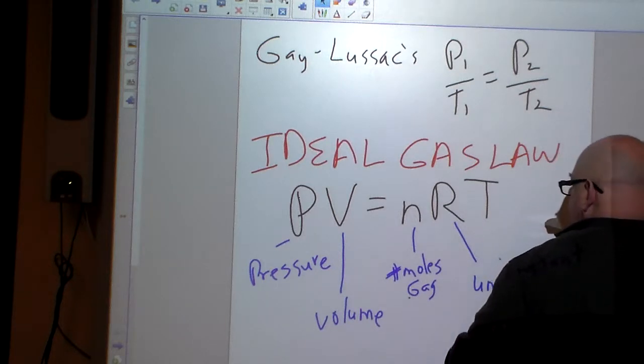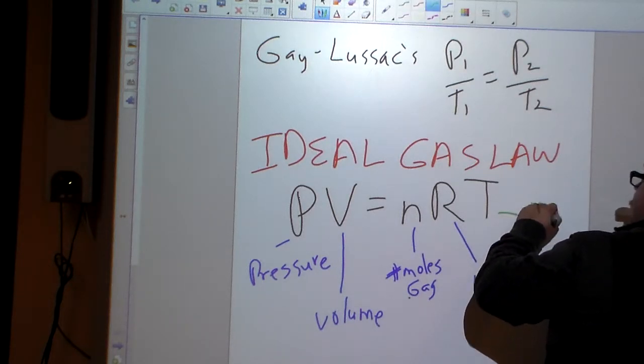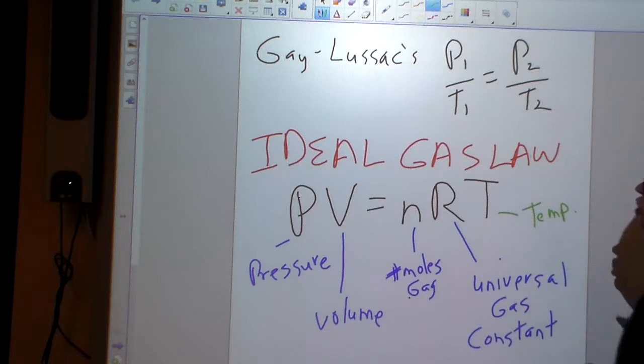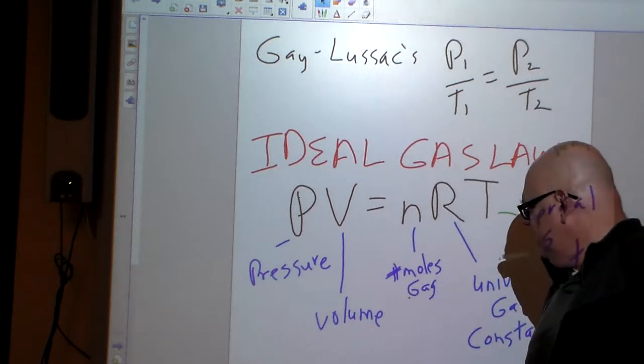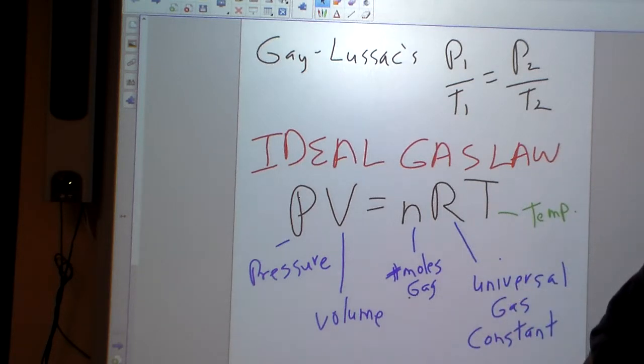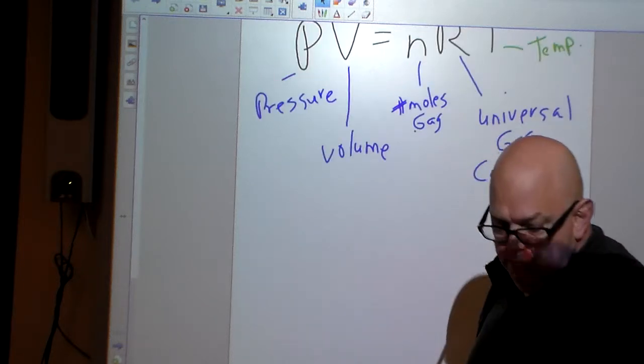And then last but not least, good old T, that is kind of a no-brainer. That's the temperature. So those are the parts. And again, you're not solving any problems on this one as of 2017, but that's what it looks like.